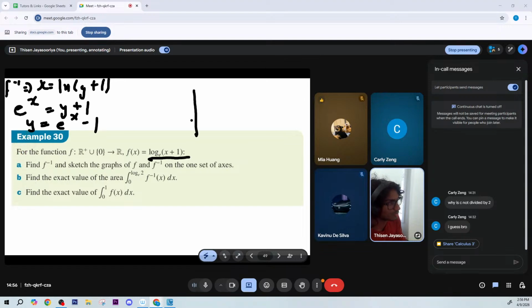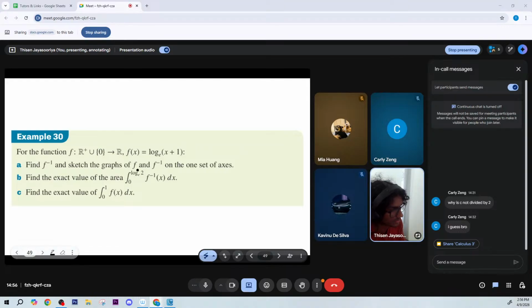So here, if we were trying to sketch these ones, we get this function that looks something like this. Oh wait, no, that's wrong. It's going to look something like this. We have our asymptote at x equals -1, and our sketch which looks like this.